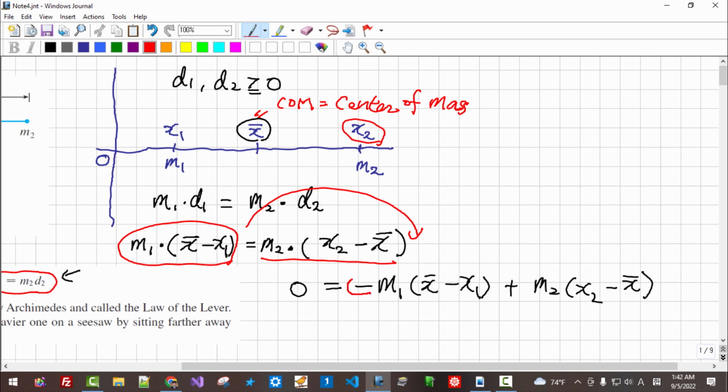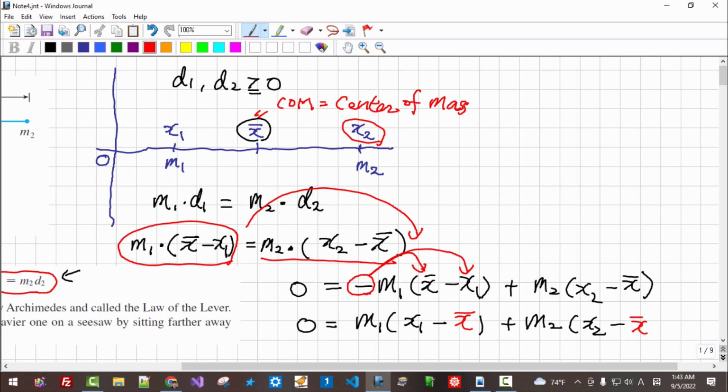We distribute minus 1 to here and here. Then we have m1 (x1 minus x bar) plus m2 (x2 minus x bar).